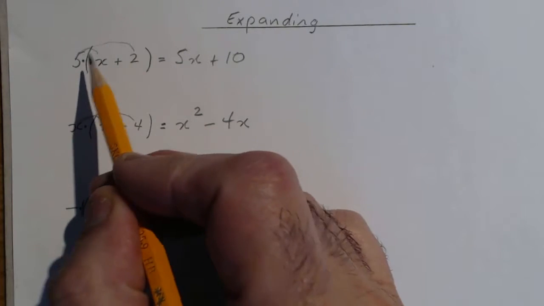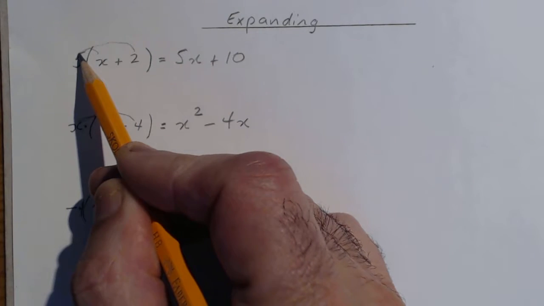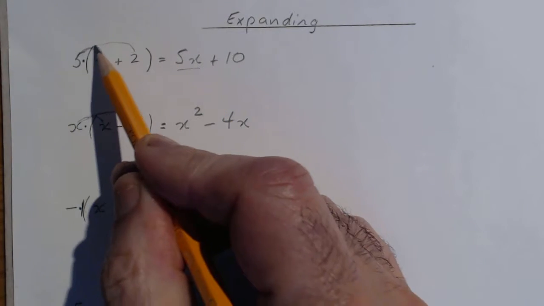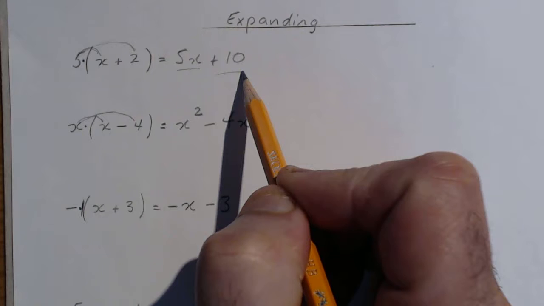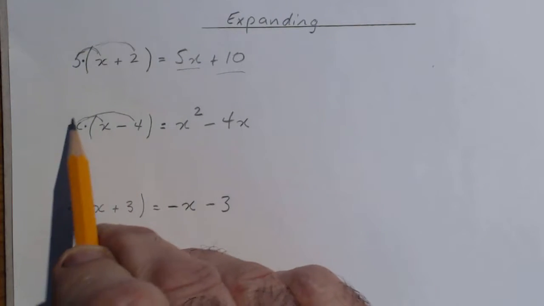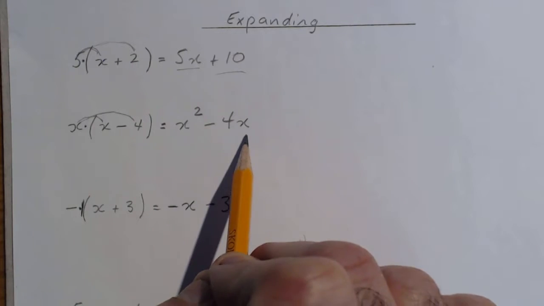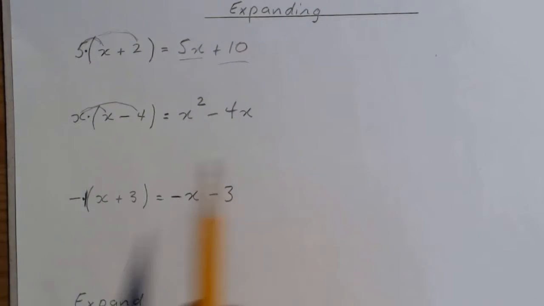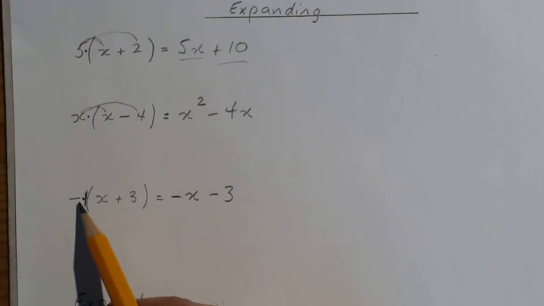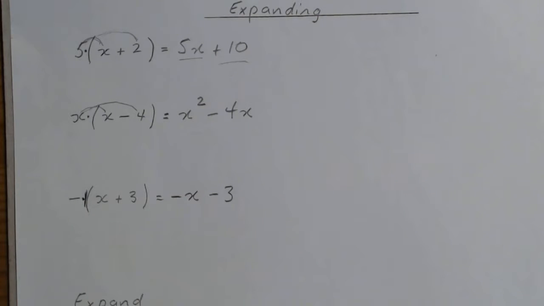So as you can see here, the first example, it was 5 times x gives 5x, and then 5 times 2 gives 10. Here was x times x gives x squared, x times minus 4 gives minus 4x. And here was minus 1 times x gives minus x, and minus 1 times plus 3 gives minus 3.